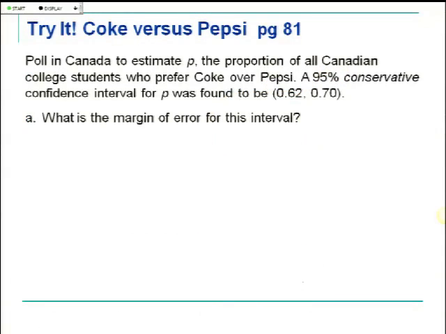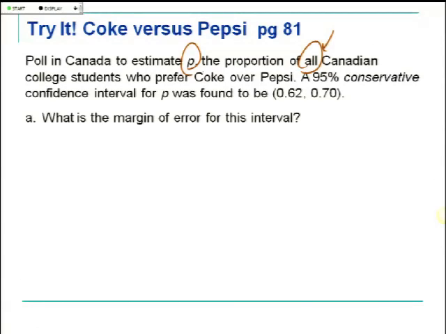All right, so let's try it out. We've got an example on the next page. This is looking at Coke versus Pepsi, where a poll was conducted in Canada for Canadian college students, trying to estimate P. P, again, is the population proportion, the proportion of all Canadian college students who prefer Coke over Pepsi, trying to estimate P. So they take their survey results and they create a confidence interval for that proportion.